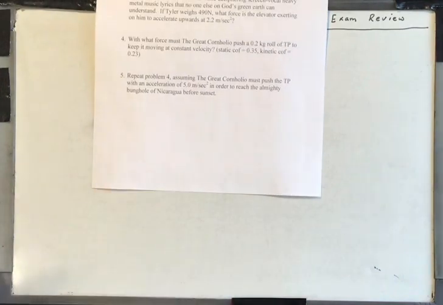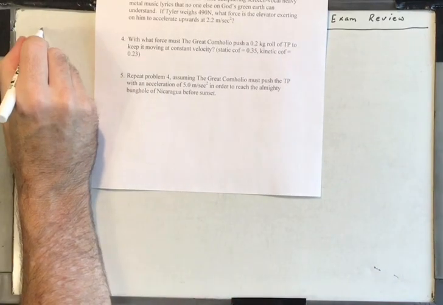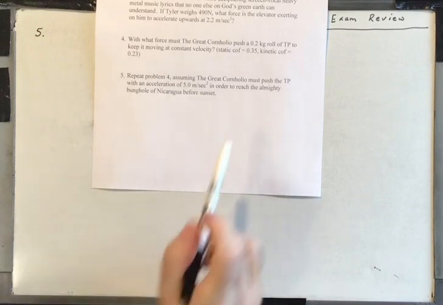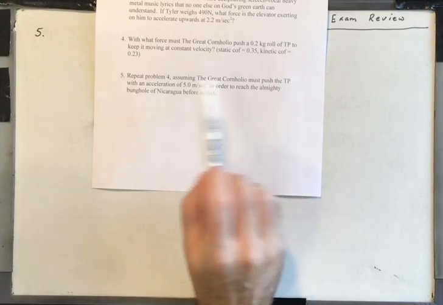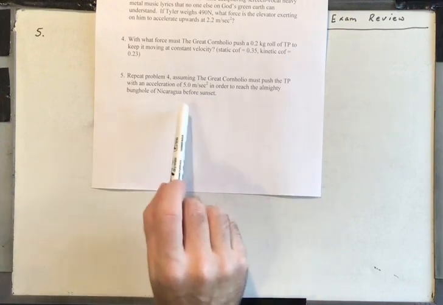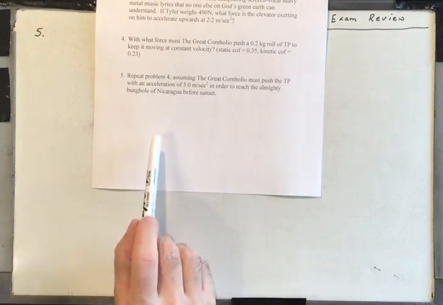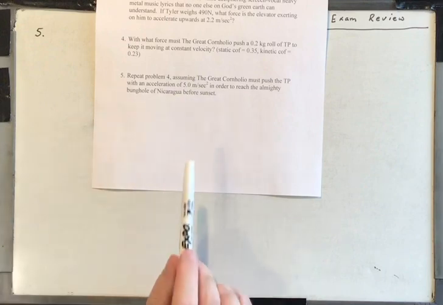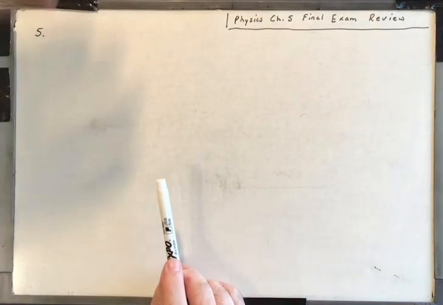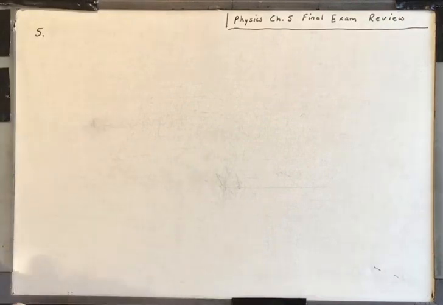And let's finish this set of problems up with number 5. So number 5, we're going to repeat problem 4, assuming that the great Cornholio must push the TP with an acceleration of 5 meters per second squared in order to reach the almighty bunghole of Nicaragua before sunset. This has to do with the cartoon. It makes no sense if you don't watch the cartoon. Again, feel free not to watch it.